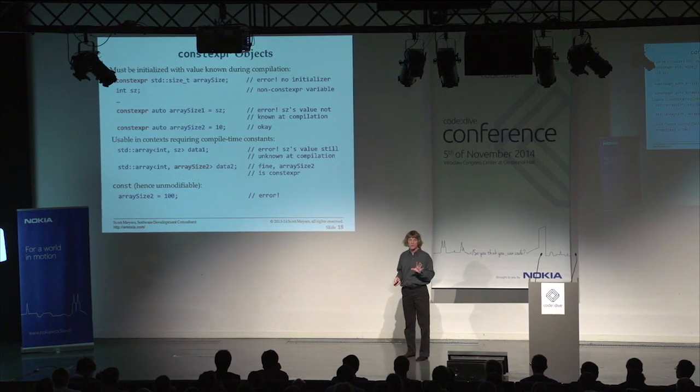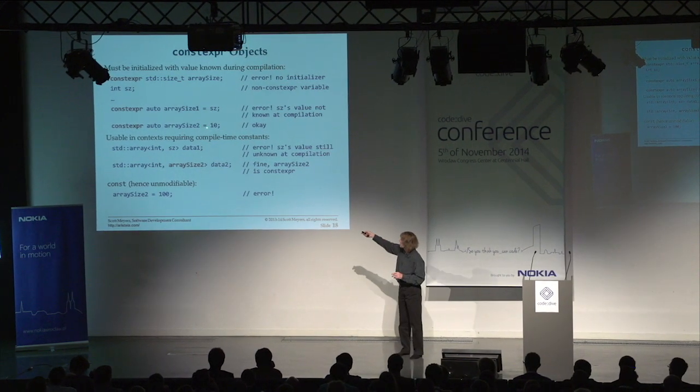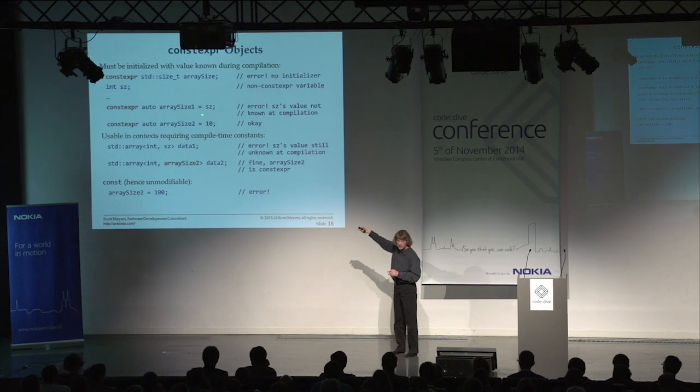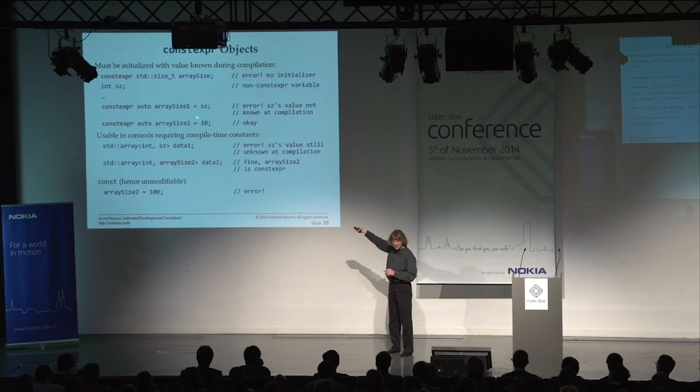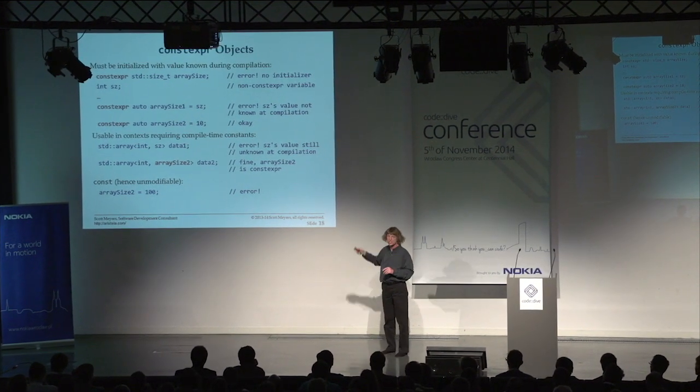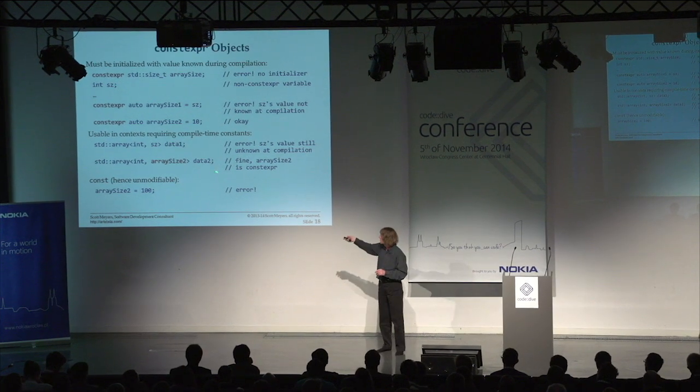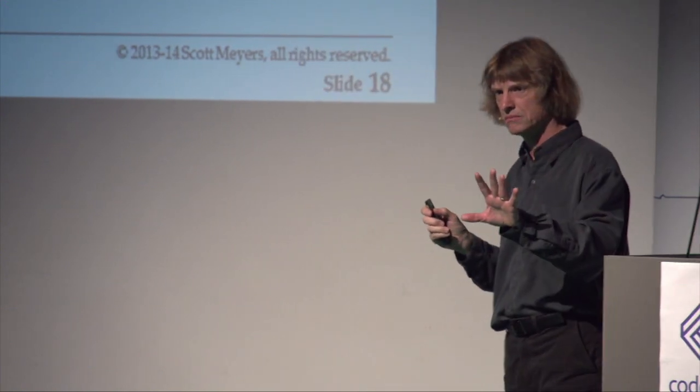However, because I don't wish to go down that rat hole, I'm using equals and there are no braces here. But if I used braces here, then the type of arraySize2 would be an initializer list, in which case this line here would not compile. Okay? Does that help?